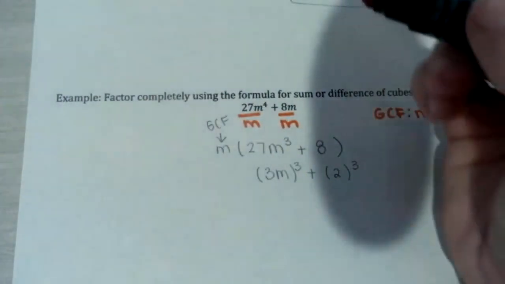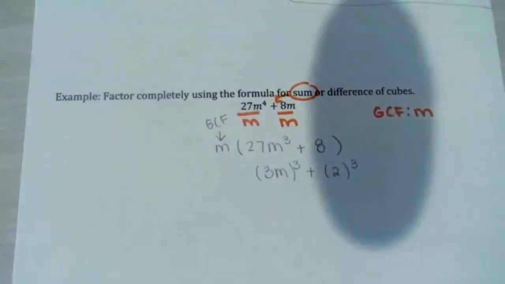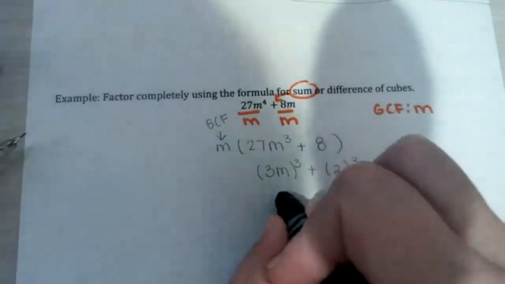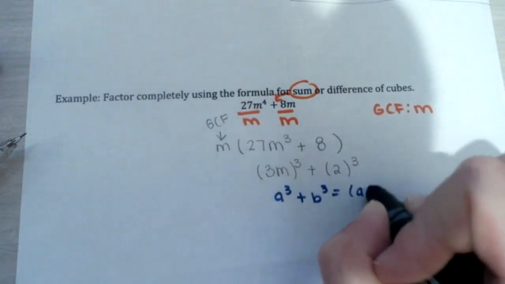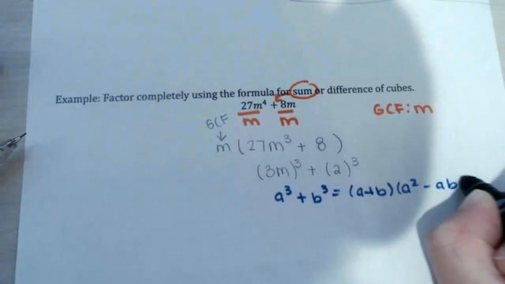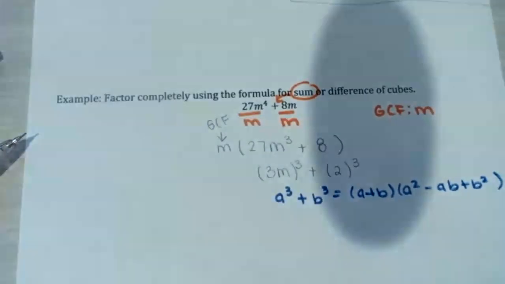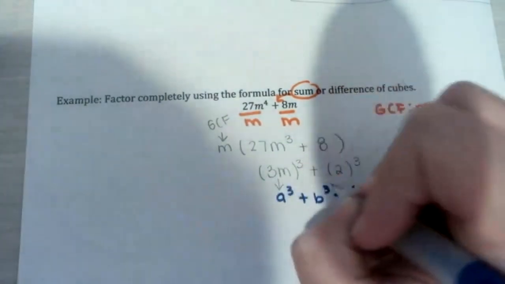We are adding, so because we are adding, we're going to use the sum formula. Remember, our sum formula says a cubed plus b cubed equals a plus b times a squared minus ab plus b squared. So wherever I see an a, I'm going to put in 3m.